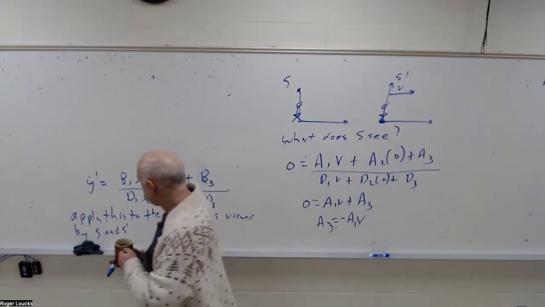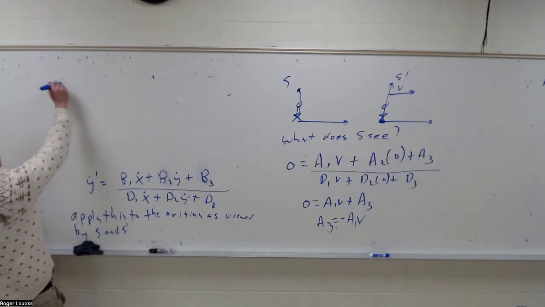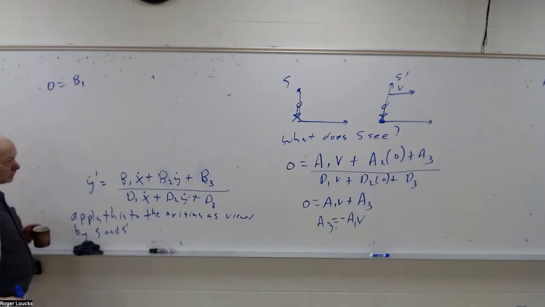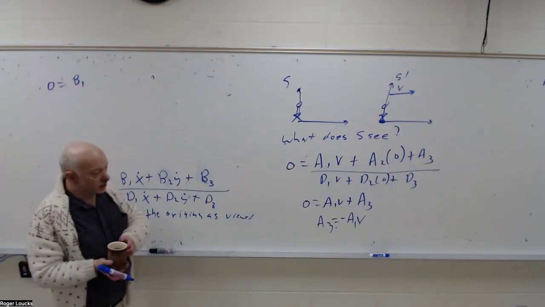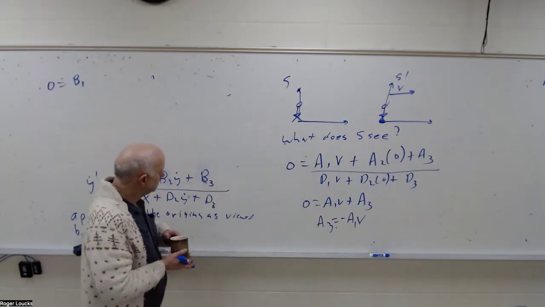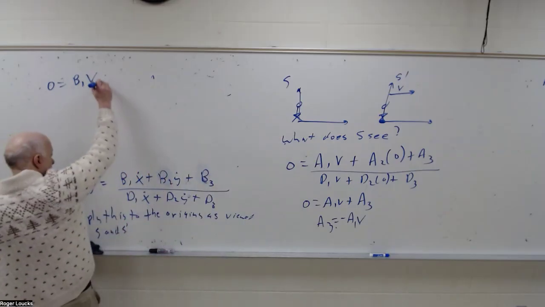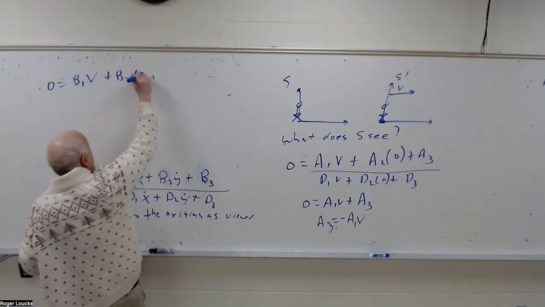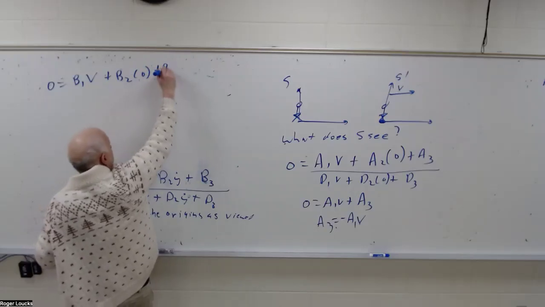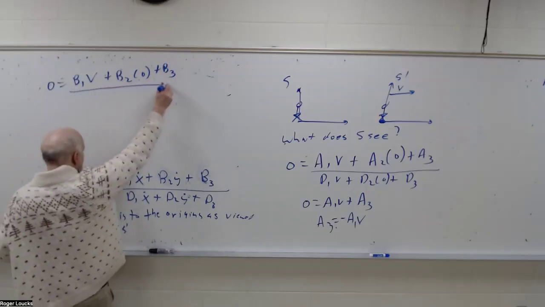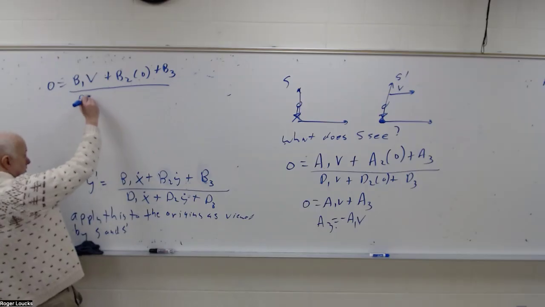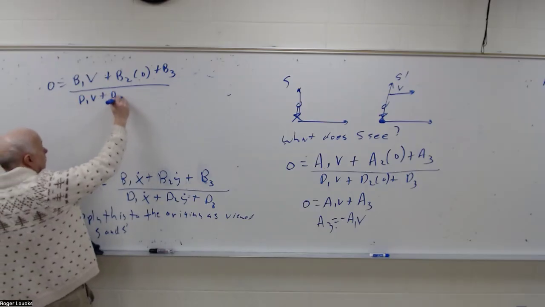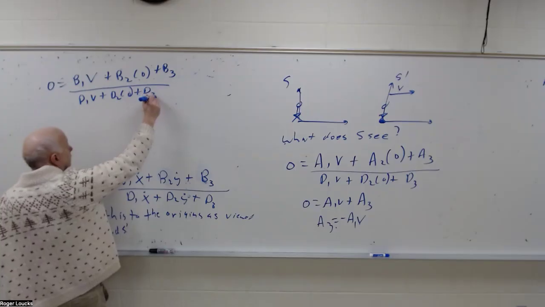So this is 0 equals B1. What is x dot? According to this person, x dot is still V. This is V, plus B2 0, plus B3, and this is all divided by D1 V plus D2 0 plus D3.